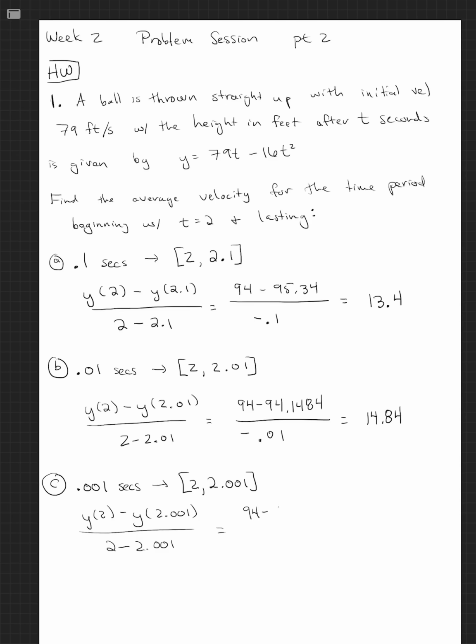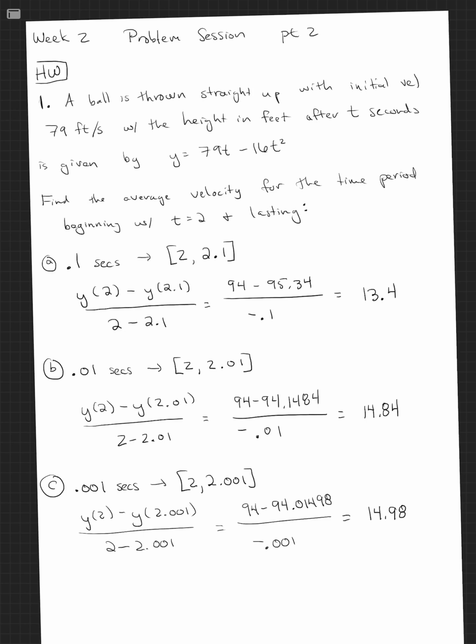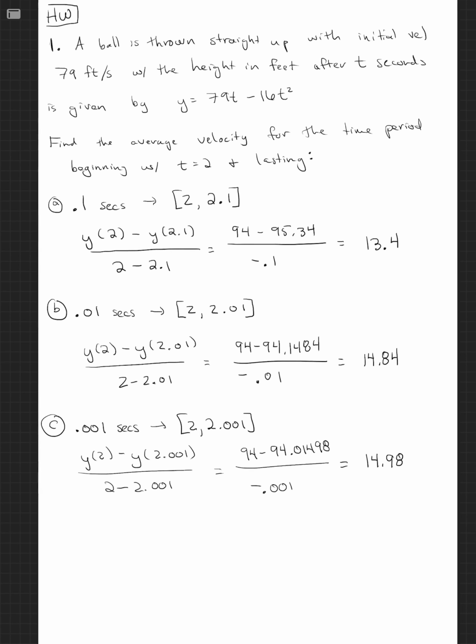We get 94 minus 94.01498 all over negative 0.001. Plug that into a calculator and get 14.98, right? So that's getting all those average rates of change.